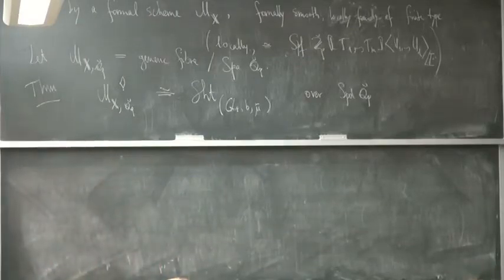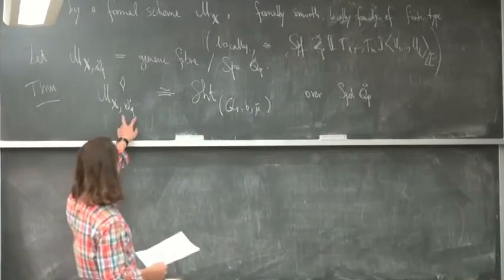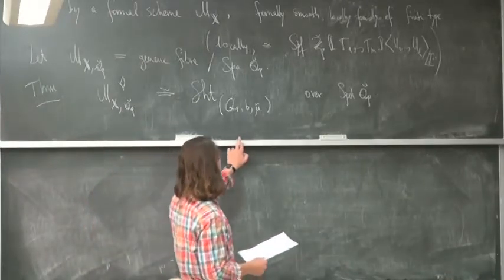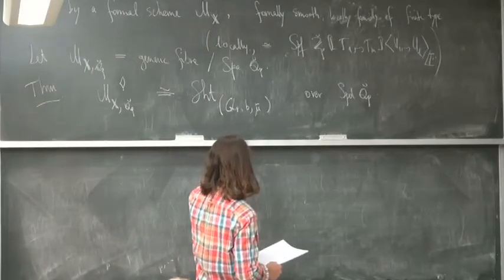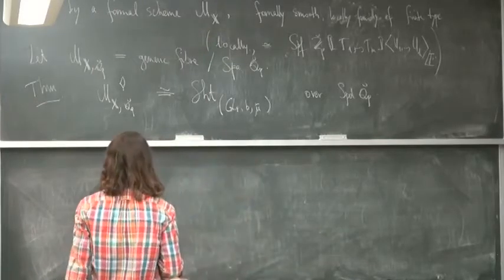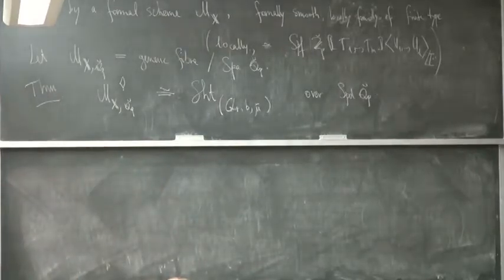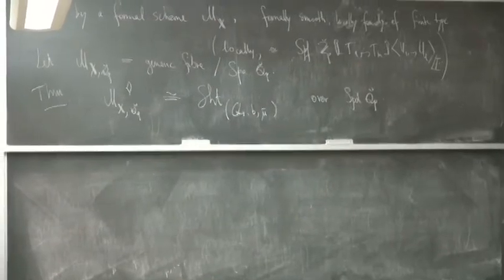Can the space of shtukas not extend over to include p equal to 0, so that you get something integral here? It's a very good question. Can I recover the space over Z_p level? Yes and no. I think this functor continues to make sense even if the points go to the point p equal to 0.